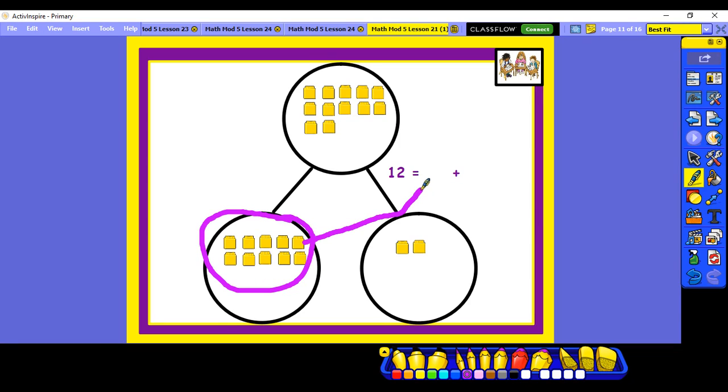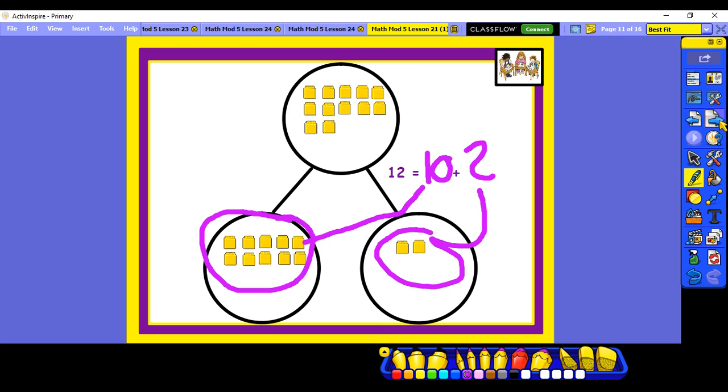So one of my parts is 10. My other part comes from here. This is 2. So my missing part is 2. I'll say 12 equals 10 plus 2. I could even say 12 is 10 plus 2.